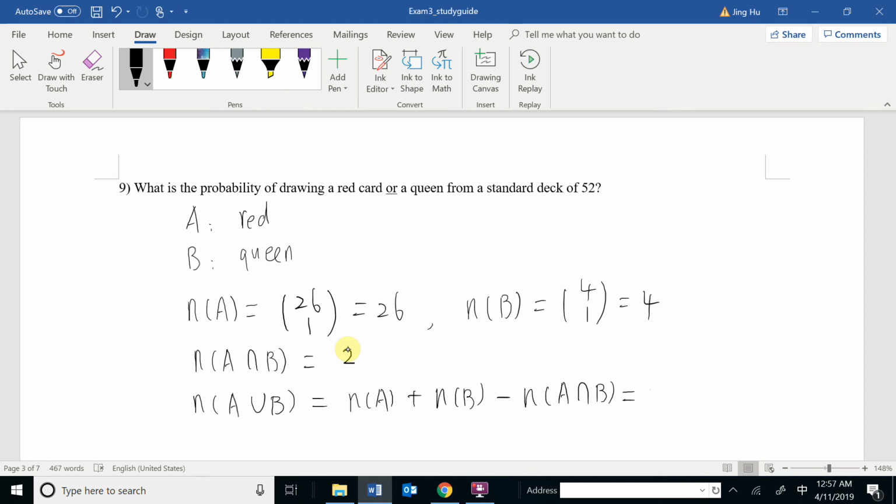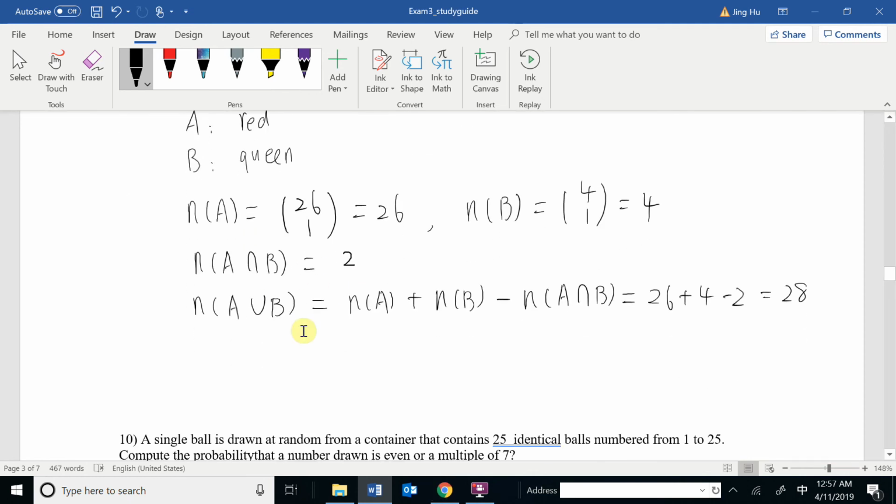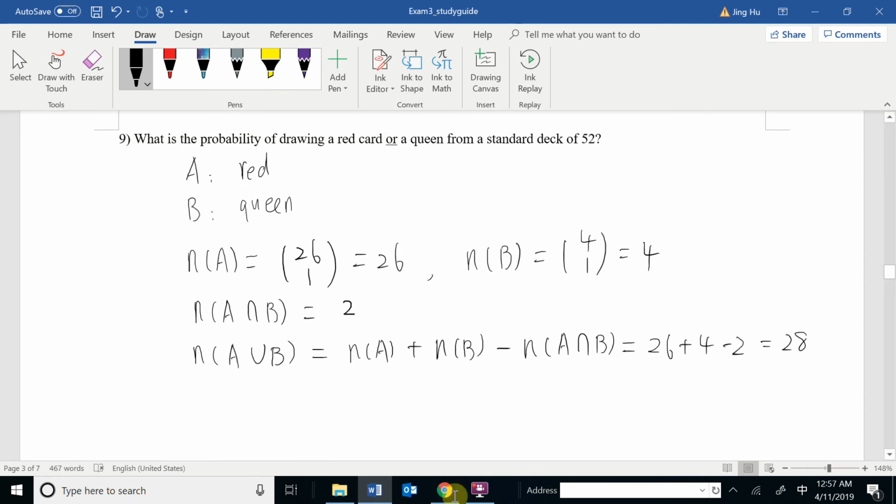So it is 26 plus 4 minus 2, which is 28. So now let's do the probability. The numerator is just 28. The denominator is 52, since we need to get just one card. So it's 28 over 52. You can keep going.